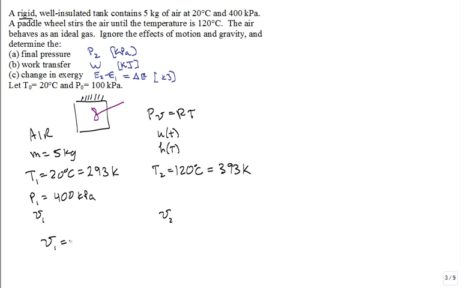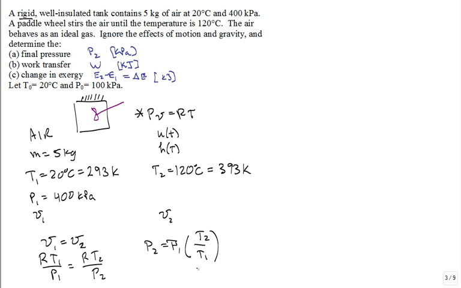Hence, I can replace the specific volumes using the ideal gas equation by RT over P: RT1 over P1 equals RT2 over P2. True? So I can get an equation that says the final pressure is equal to the initial pressure times the ratio of temperatures, the final temperature to the initial temperature.